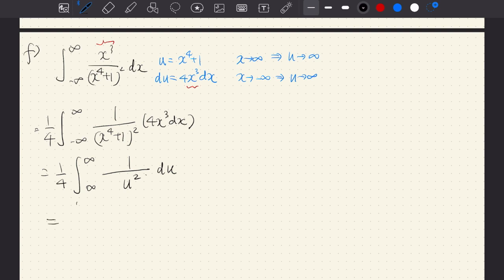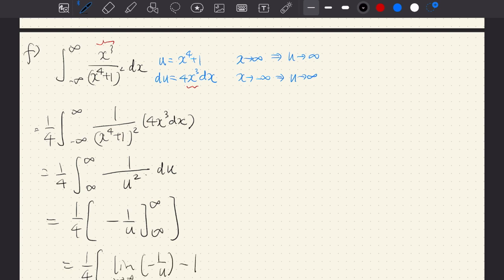So this is equal to 1/4 times negative 1 over u, evaluated at infinity. In principle, we should write this as the limit as x goes to infinity of negative 1 over u, minus the limit as x goes to infinity of negative 1 over u.